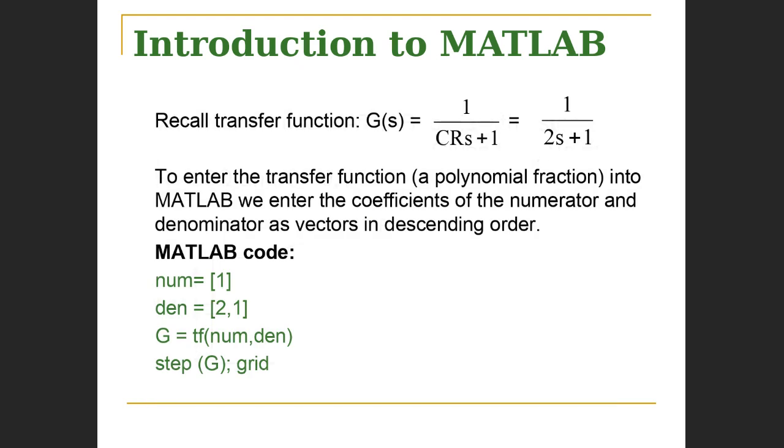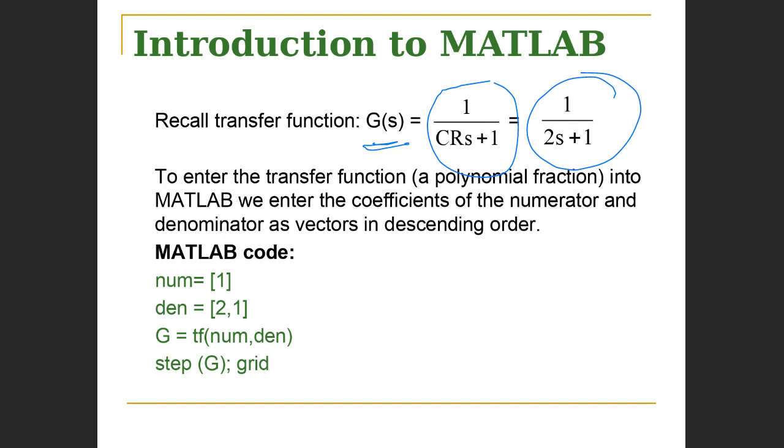Recall that the transfer function for the system was 1 over CRs plus 1. We substitute for C and R, 0.1 farad and 20 ohms. Hence, we have a unique transfer function, 1 over 2s plus 1. That is the transfer function for our RC circuit.